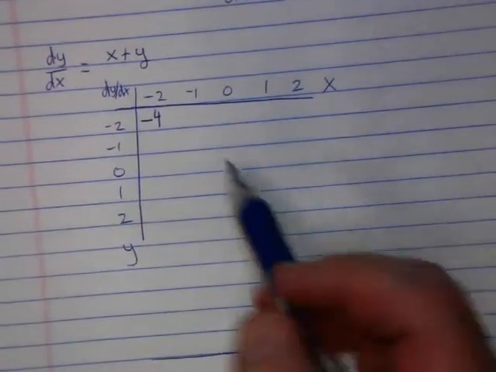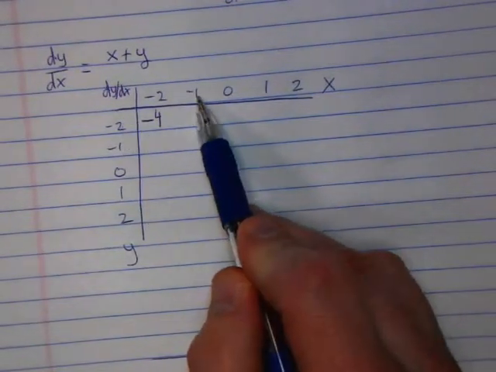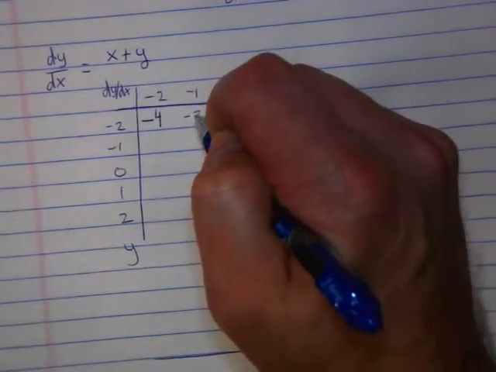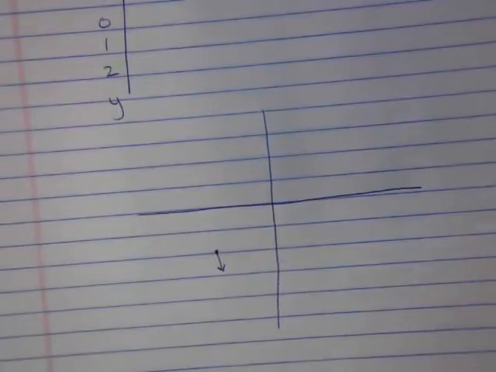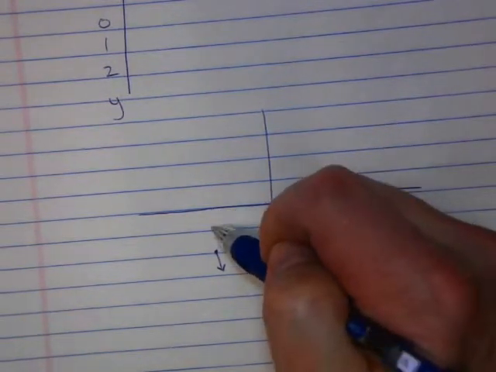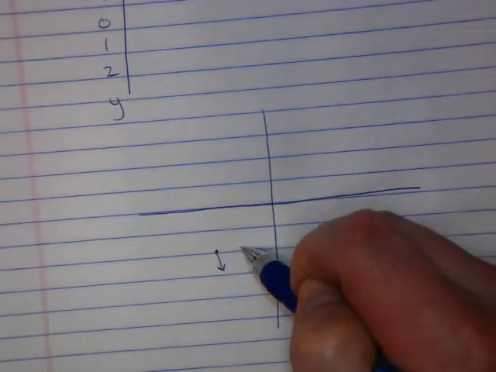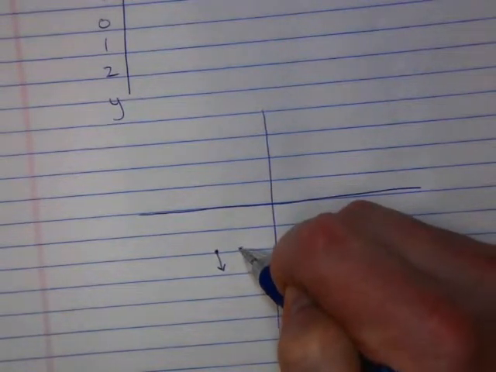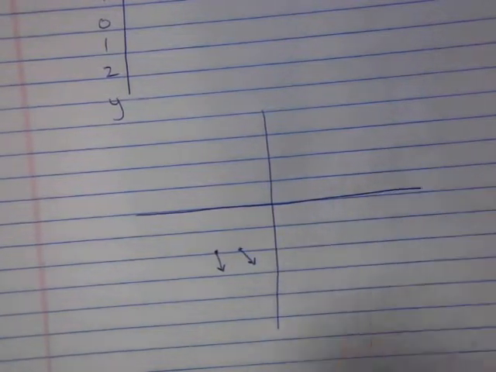And then I go here. I plug in x is -1, y is -2. -1 plus -2 is -3. So now I go to the point (-1, -2), and I draw a little line with slope -3. -3 isn't quite as steep, so it might look something like that.